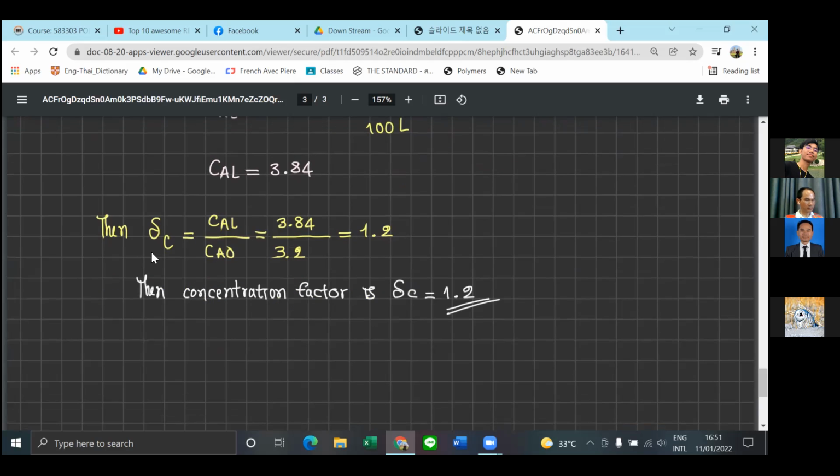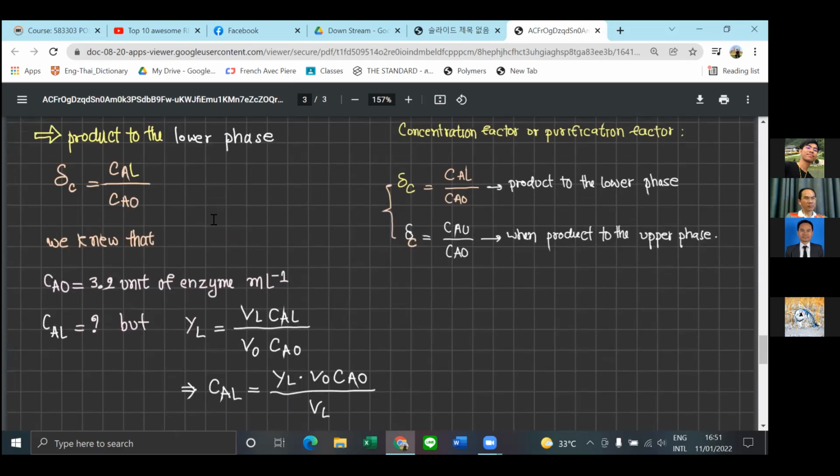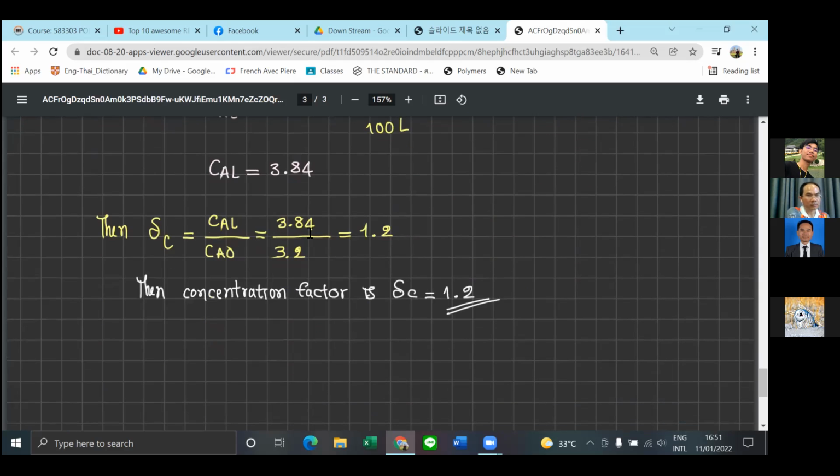And we can calculate the concentration factor: we know the concentration of the lower phase and the concentration of the original state, so the concentration factor equals 1.2. That's all for my presentation. Thank you.